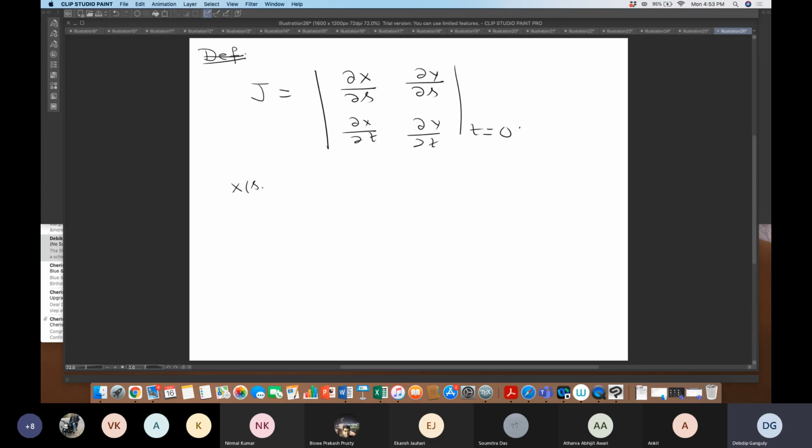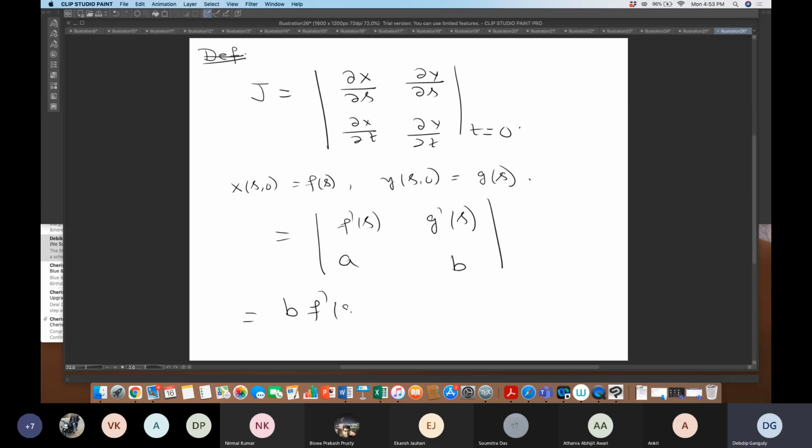Because we know that x at s0 is f of s, and y at s0 is g of s, right? And what is del x by del t? You know a, b, c. This is nothing but f prime of s, g prime of s, a, b. The determinant is b into f prime of s minus a into g prime of s, not equal to 0.